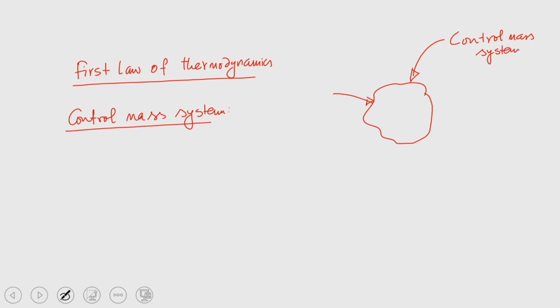What we have learned from the basic thermodynamics course is that the first law is the statement of energy, the statement of the conservation of energy to be precise.